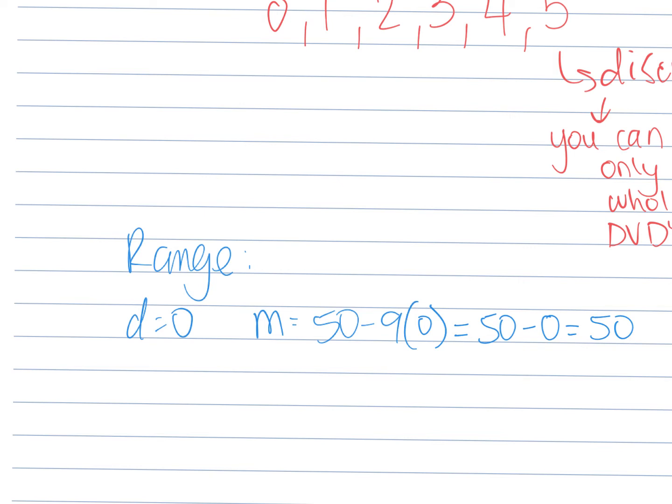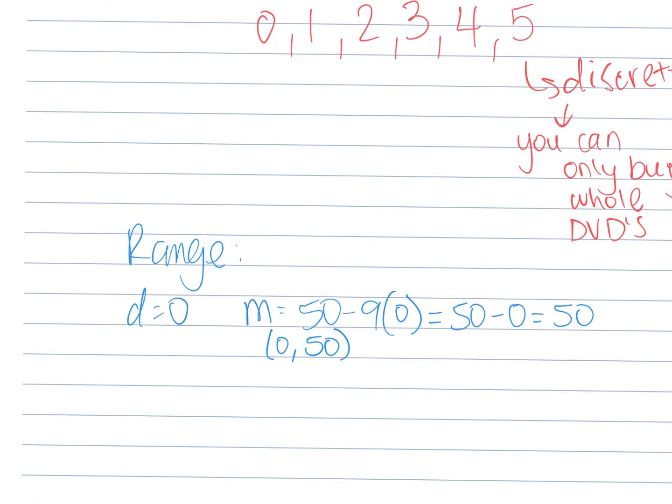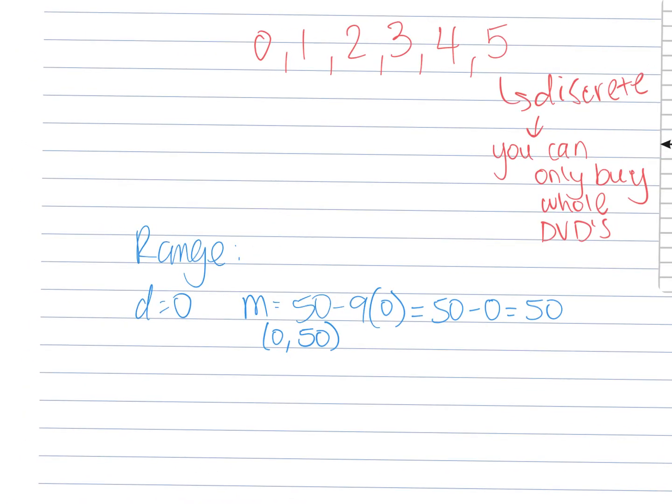My first point is no longer x comma y. It's going to be D comma M, my input comma my output. My D value is 0. What was my M? 50. So 0 comma 50 is my first point. What should I plug in next? D equals 1. I have to do this for the entire domain.